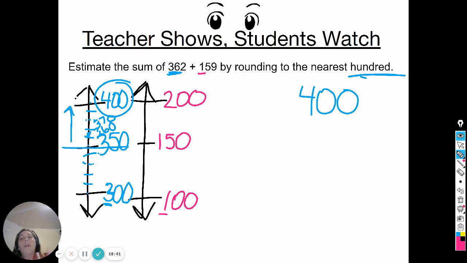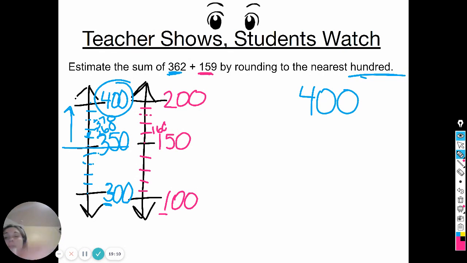Now we're looking for 159. So we're going to be counting by 10, so I'm going to look in the tens place. I'm looking for 15 tens, which will be 150. 100, 110, 120, 130, 140, 150, 160, 170, 180, 190, 200.